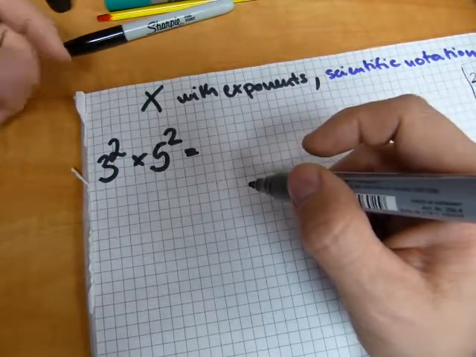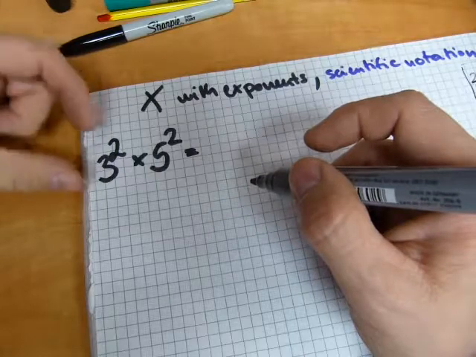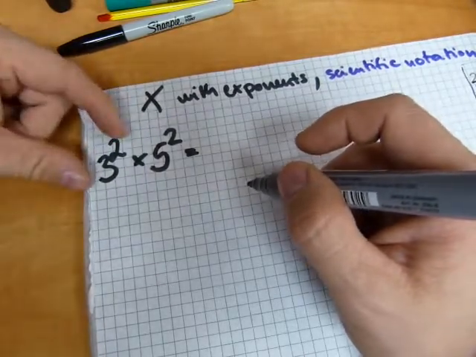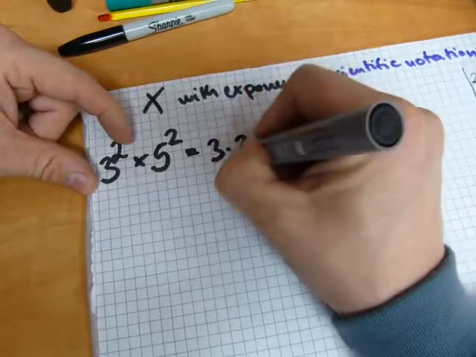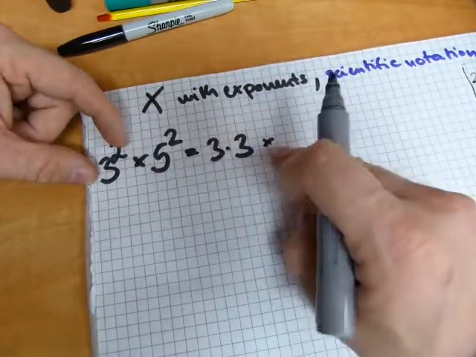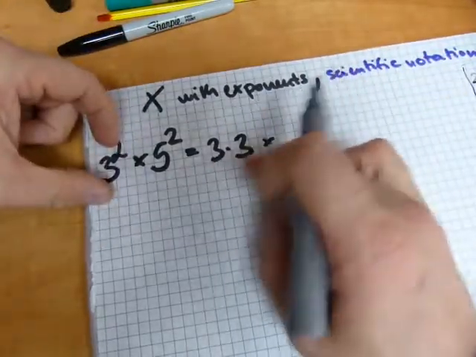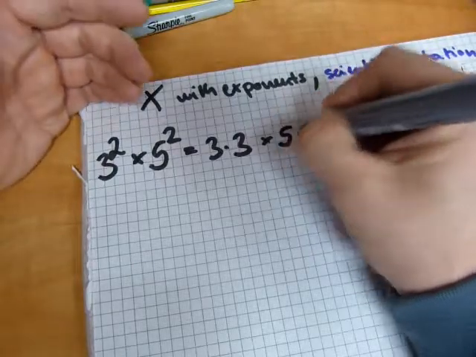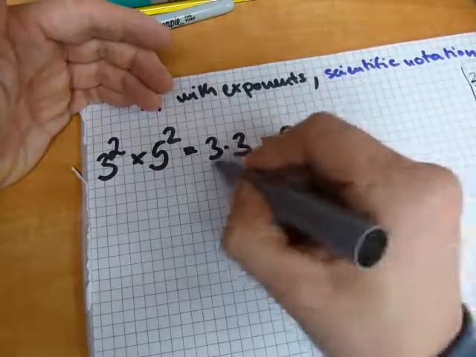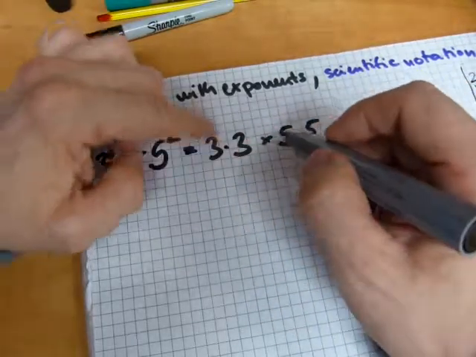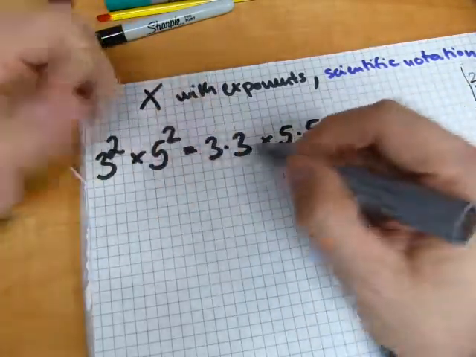You're gonna have to break it up into their expanded, multiplicative forms. So 3 squared is 3 by 3 and is being multiplied by 5 squared, which is 5 by 5. I'm just gonna copy that x there so you can see where those came from. 3 by 3 by 5 by 5 is the same as 5 by 3 by 5 by 3 or 3 by 5 by 3 by 5.